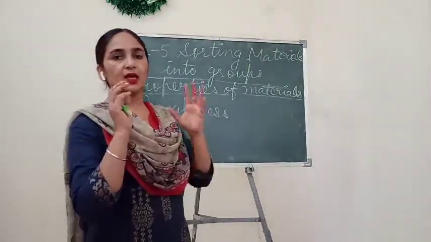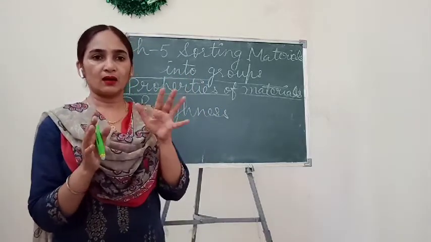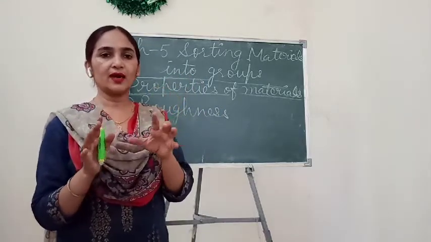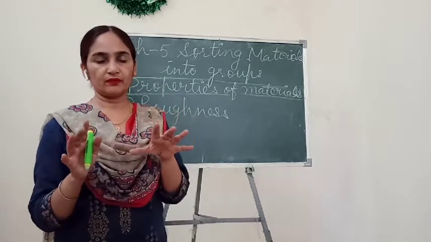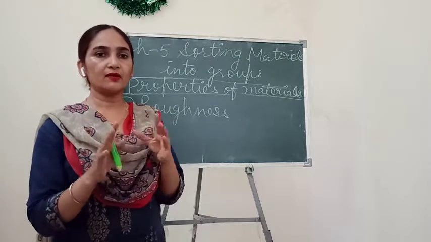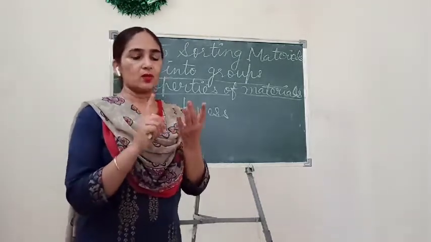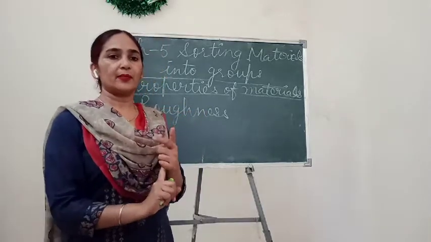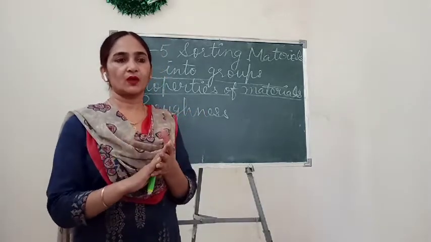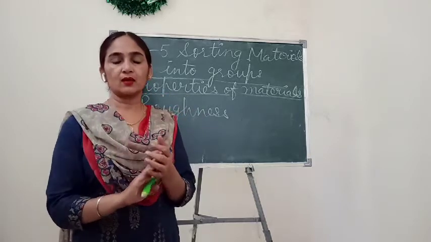Roughness, children, you know that some of the materials are very rough when we touch them, and some of the materials are very soft when we touch them. In this you can take the example of your fibers, like cotton fiber.